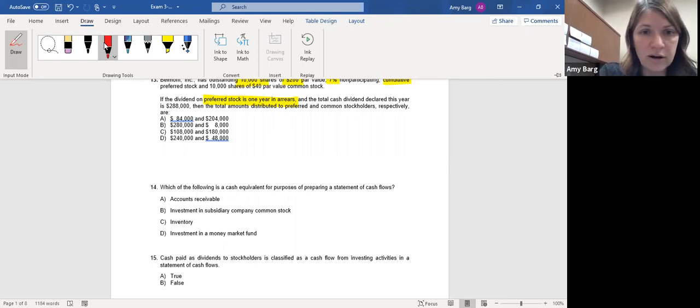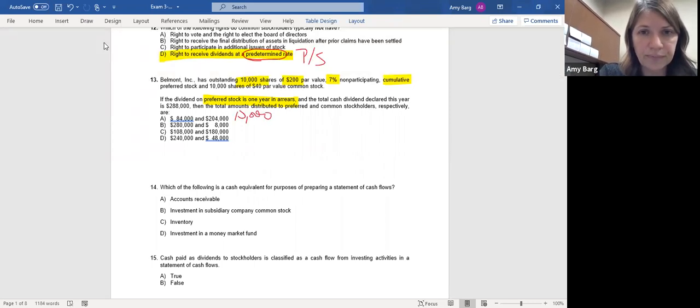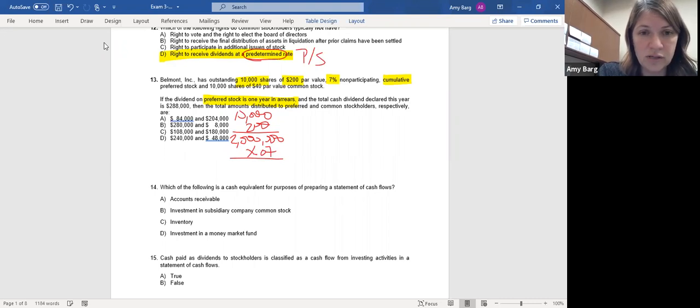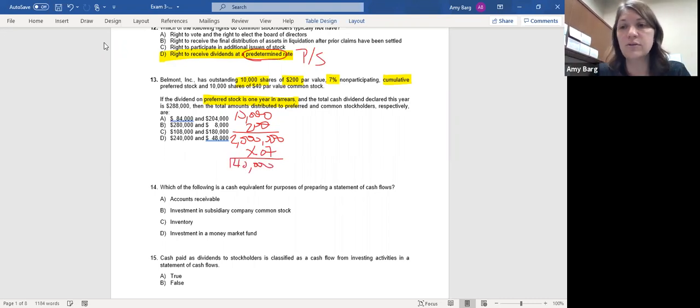So we know that there are 10,000 shares. It's $200 par value. So there's $2 million in your preferred stockholders account, and you're going to pay them 7%. So you're going to pay your preferred stockholders $140,000, and it tells you that those are 1 year in arrears.